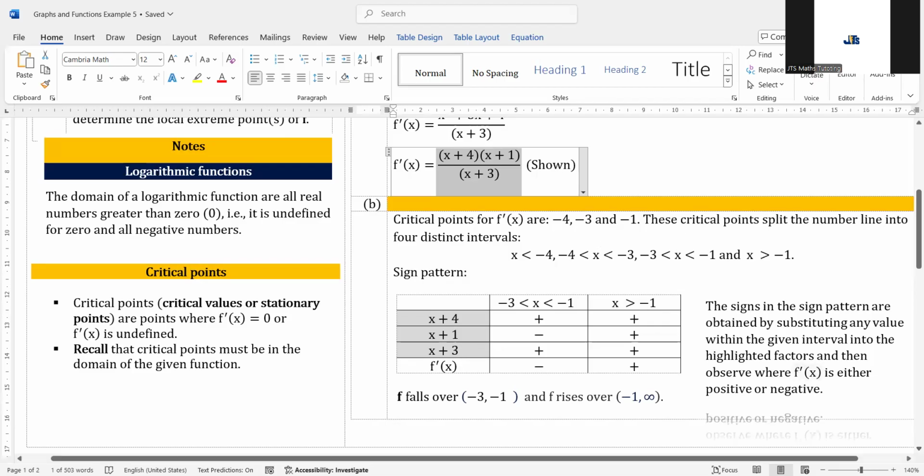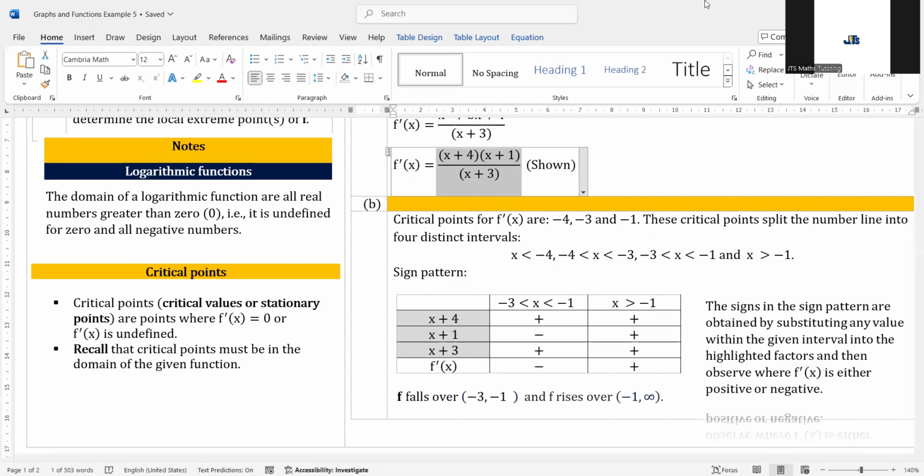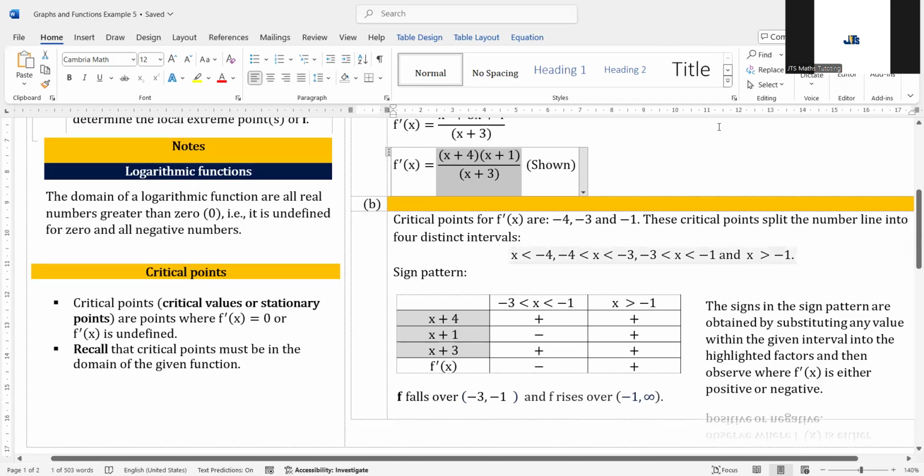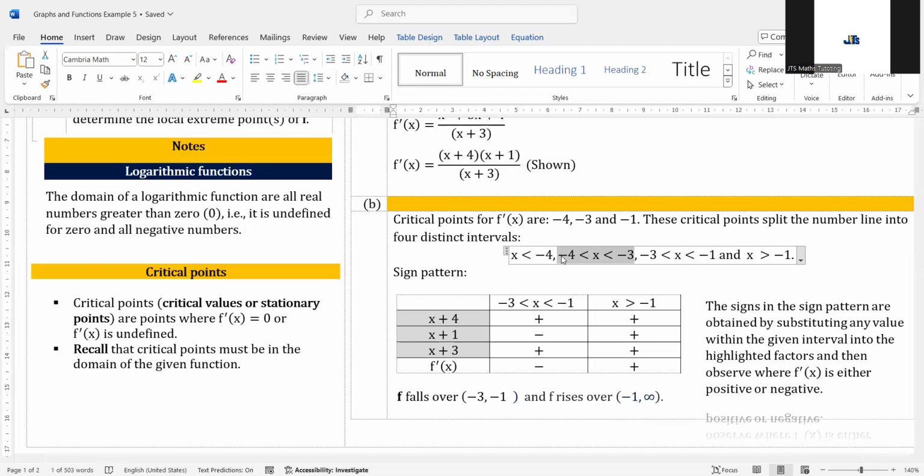You can see that right here, if you use all the numbers less than minus 3, it's going to make the function undefined. The same applies to this interval as well. Remember the domain restrictions: when the function was defined, it was defined for all values greater than negative 3. This is the reason why we don't have those 2 intervals there.